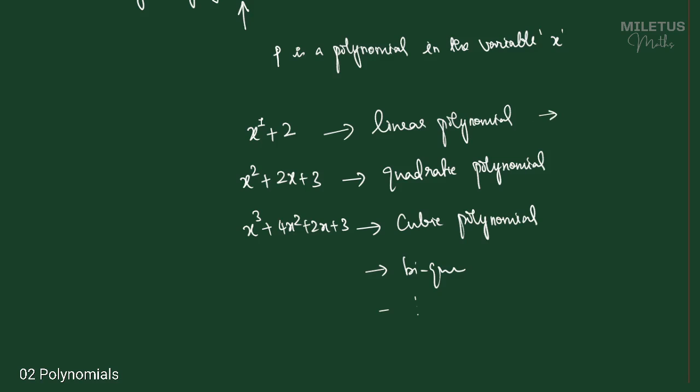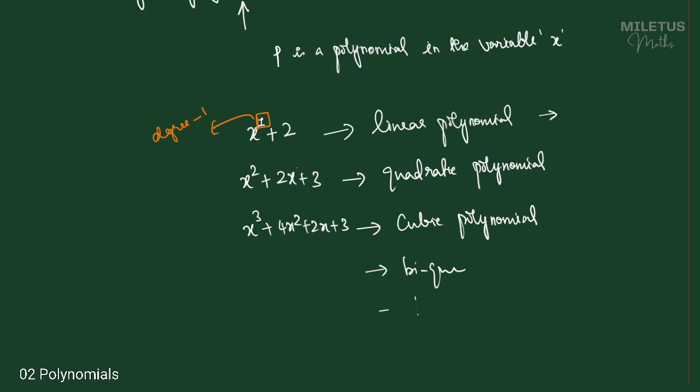How is the degree calculated? You see a polynomial, and the number appearing on the power of x is the degree of that polynomial. So here the degree of the polynomial is 1.